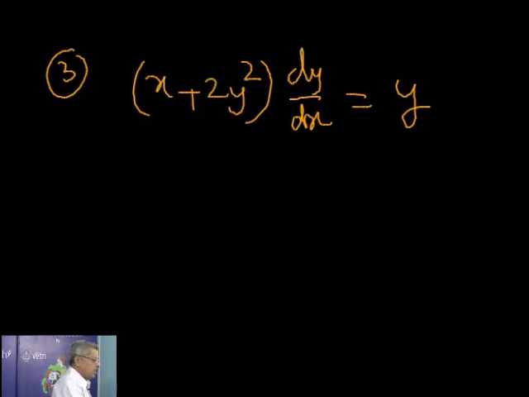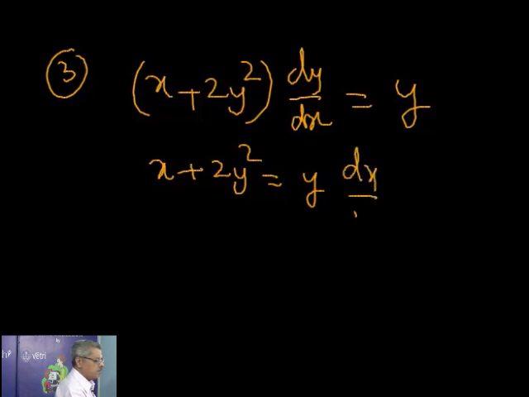For that, you just cross multiply. x plus 2y square is equal to y into dx by dy. To convert this into a linear equation in x, the coefficient of dx by dy must be unity, so divide by y.